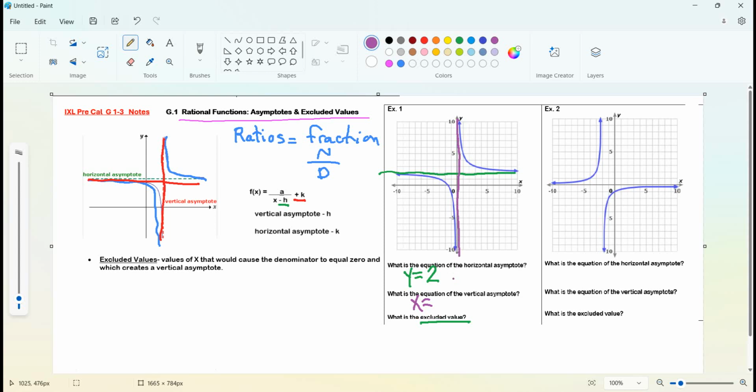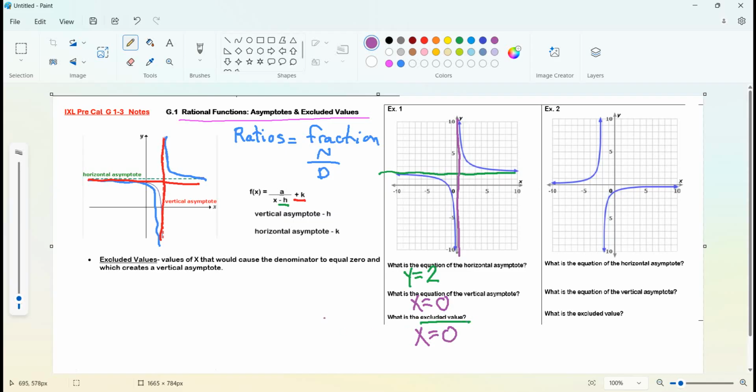We can just look at it pretty closely and see that when x equals 0, on the x-axis, you're not going to be able to find anything where the graph shows up. Now, it's also going to ask you what is the excluded value. That's going to be an x value, and it's going to be the same thing as the vertical asymptote. So the excluded value is x equals 0.